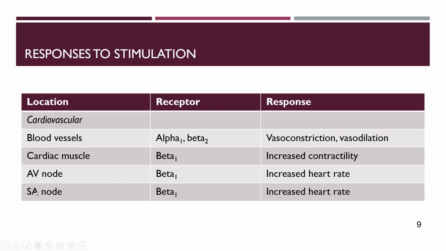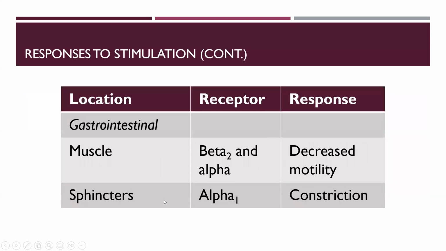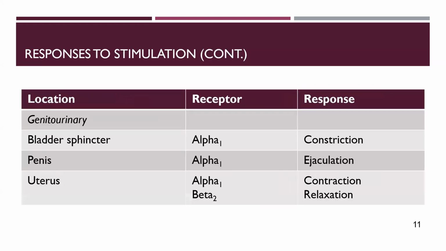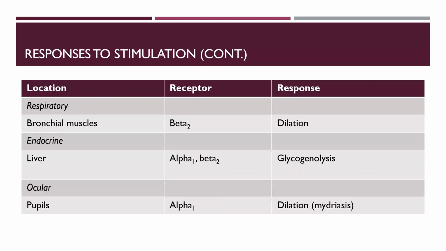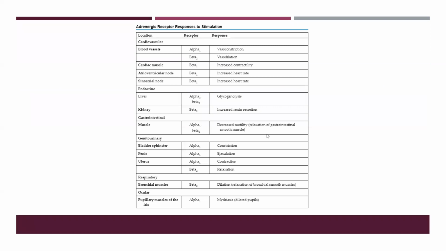And remember that your SA node is your natural pacemaker. So when these receptors fire off, it's causing that increased heart rate. Same thing with some of these skeletal muscles and sphincters. So I won't go through each of these individually, but it's just trying to get into the mindset of, if this receptor is going off, this is what I'm seeing. And then this is just that same thing we talked about, condensed into one chart.